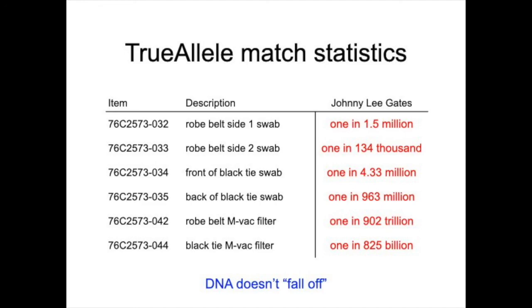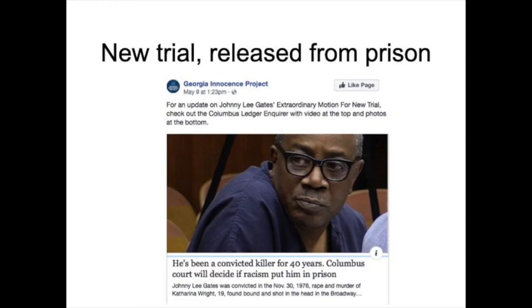I'll tell you that's laughable, but it wasn't explained with humor, it was explained with analogies to the judge that DNA doesn't fall off. But the judge was persuaded, and he was granted a new trial, and ultimately he took an Alford plea and was released from prison after quite some time.